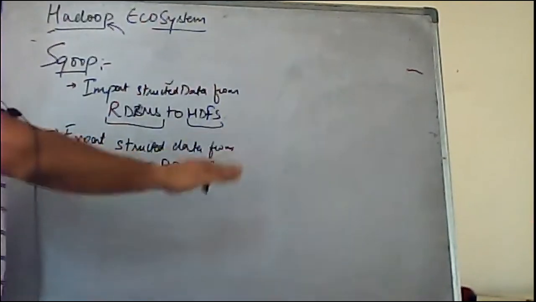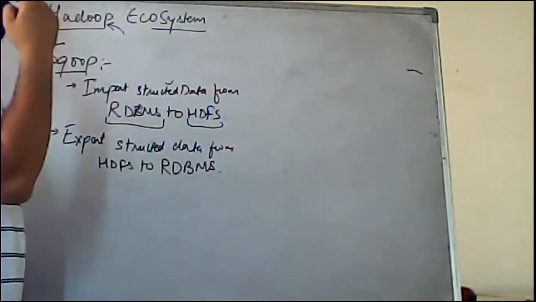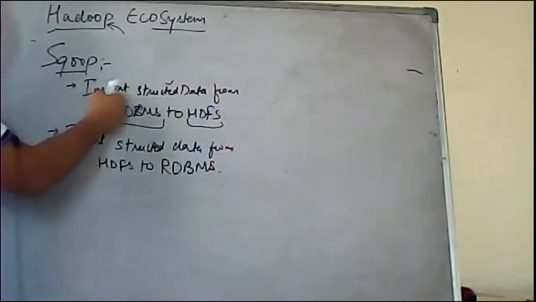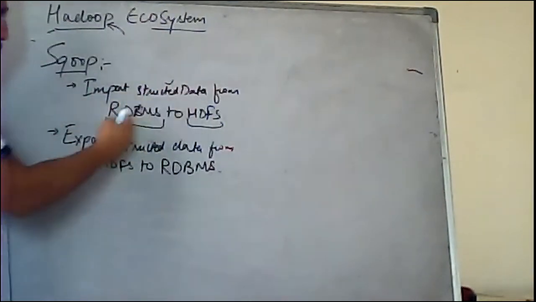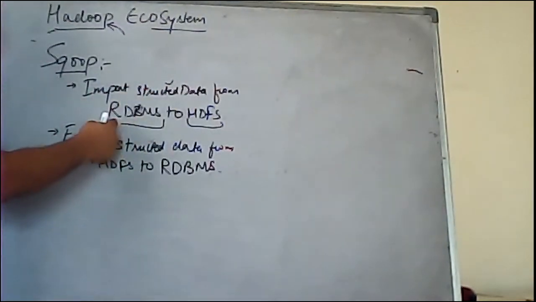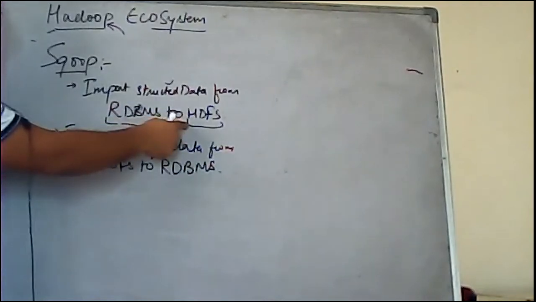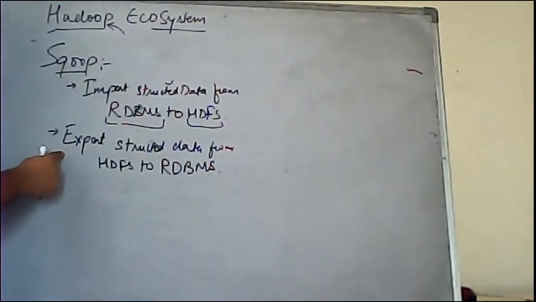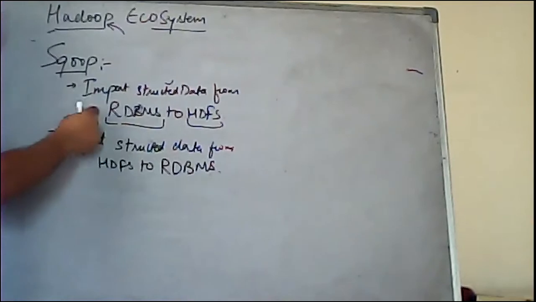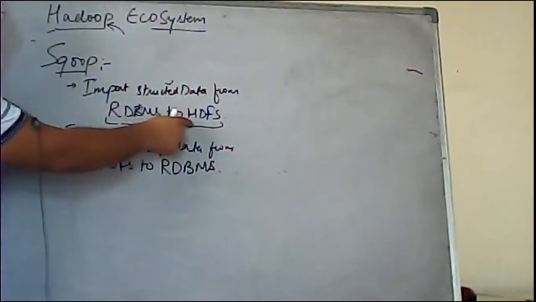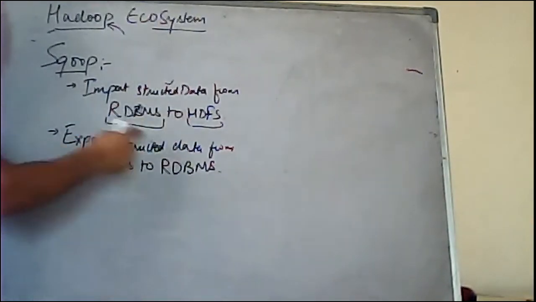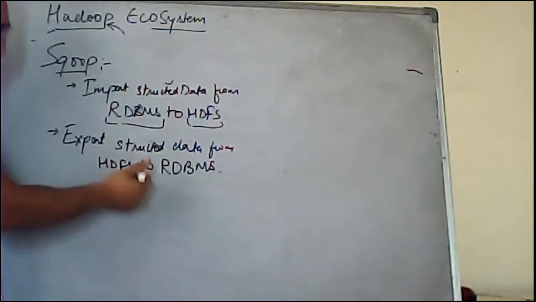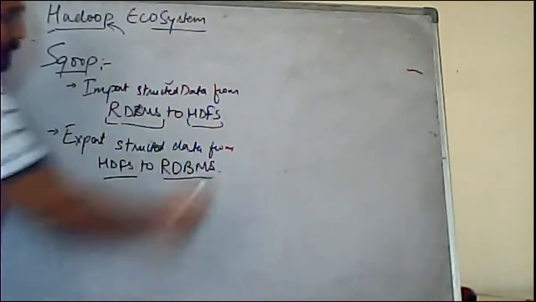Okay, that is the work of Sqoop in your Hadoop. What is import? Import structured data from your RDBMS, that is relational database, to your Hadoop file system. Then the next function is export. First is import from RDBMS to HDFS. Export structured data from HDFS to your RDBMS.